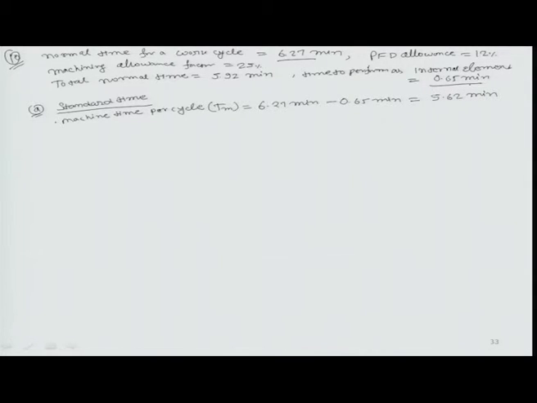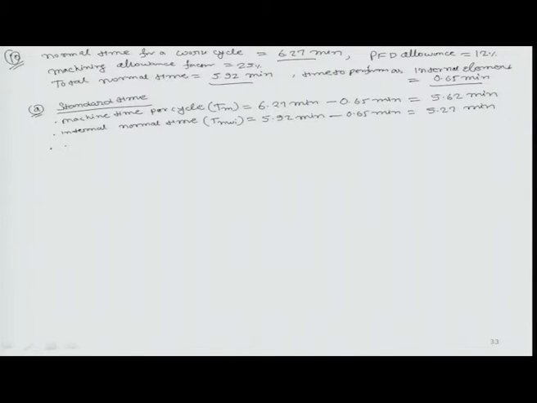Okay. Now internal normal time, T_nwi, is equal to total normal time, 5.92 minutes, minus internal element 0.65 minutes, that is equal to 5.27 minutes.